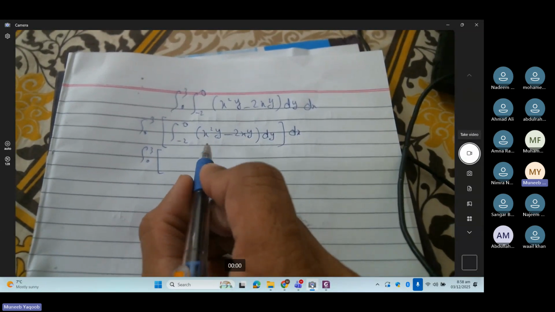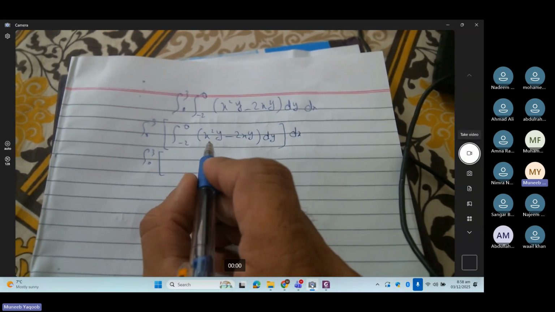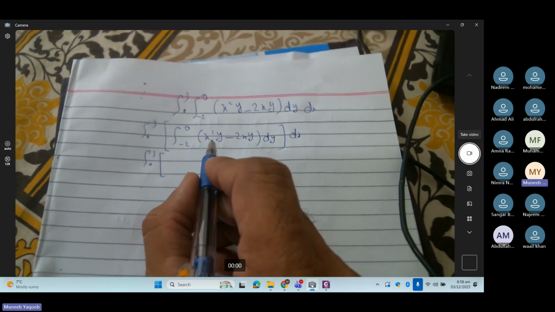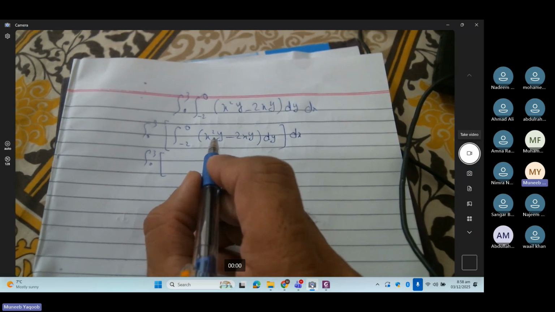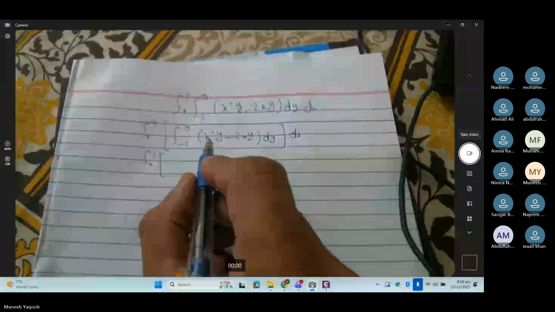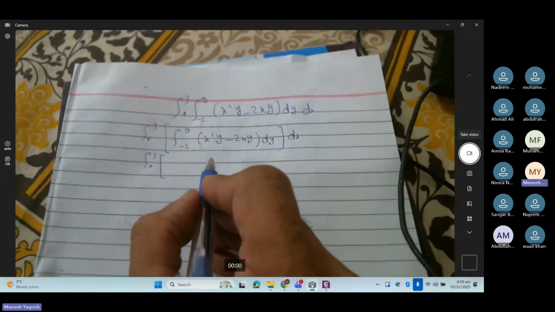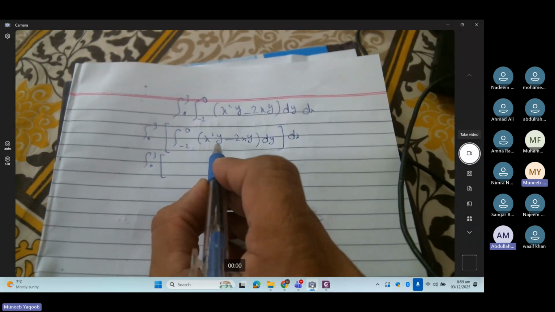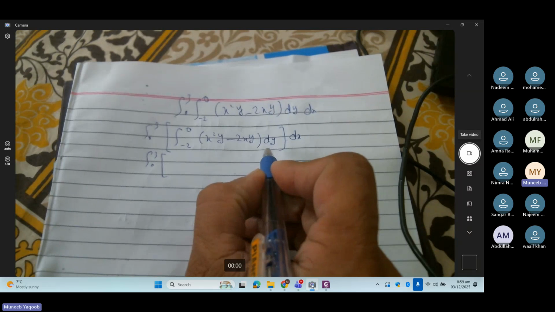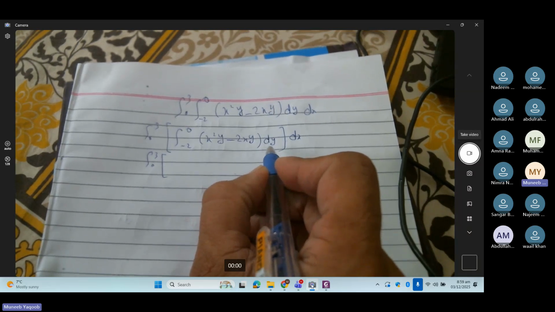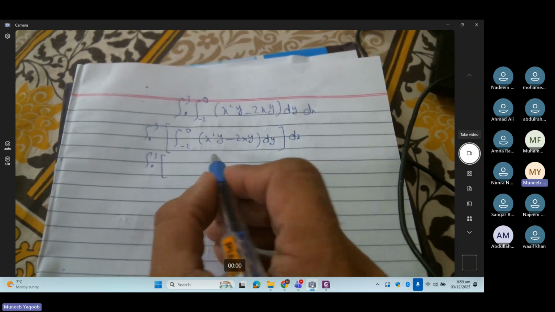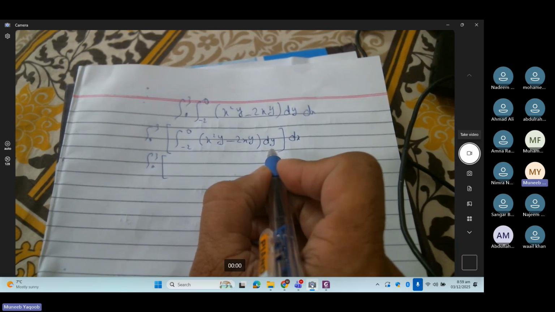Okay, in this situation, we will consider x square as constant. You must remember this thing. Okay, now we are to integrate x square y with respect to y because there is a dy here, which is indicating that this integration is with respect to y.